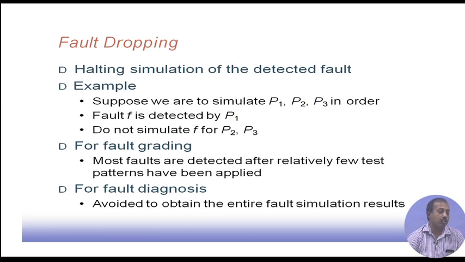So it is not necessary to simulate P2 and P3 for F again, because we know that fault F is already detected. So this is known as fault dropping. We drop F from further simulation of patterns.